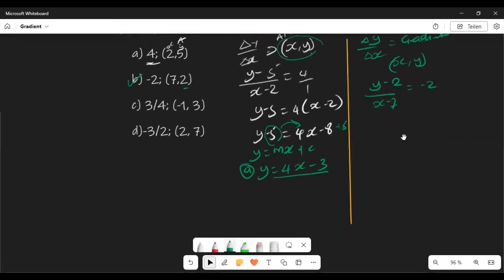So what we're going to do here is minus 2 over 1. Then we're still going to have y minus 2 equals minus 2 into x minus 7. So easy. Remember, the goal here is to leave it as y equals mx plus c.